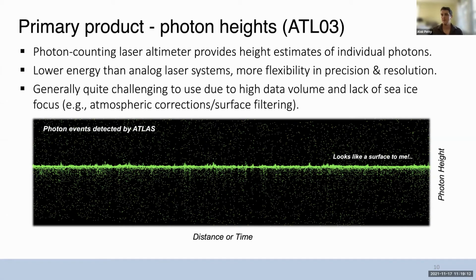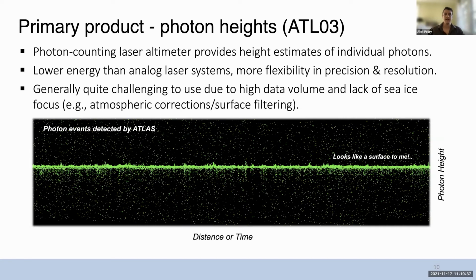The sun has some photons emitting at a similar energy level, and backscattering of other sources of radiation can trigger background photons to be detected too. So that's what's shown by the green dots either side of that surface. So it's an extremely challenging data set to use because it just gives us data everywhere. But it's a pretty cool one to work with and look at as well.